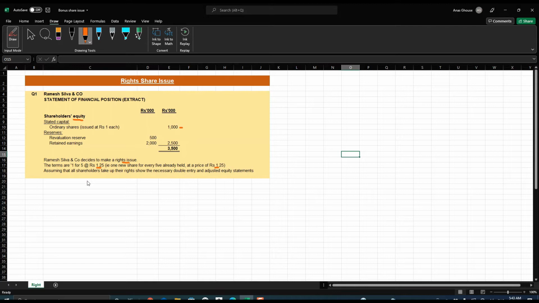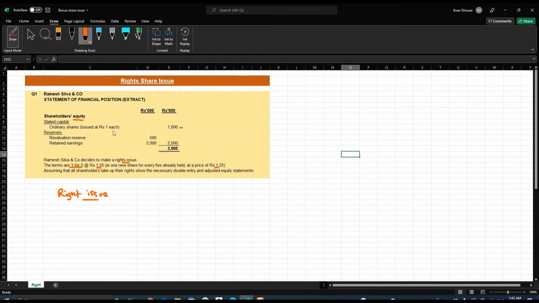Okay, so now what is the rights issue? It is one new share for every 5 already held. So they had 1 million in stated capital.